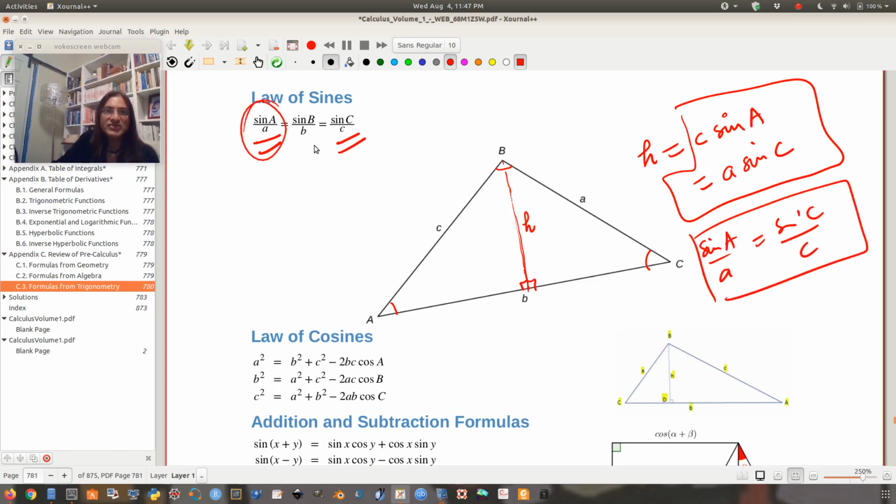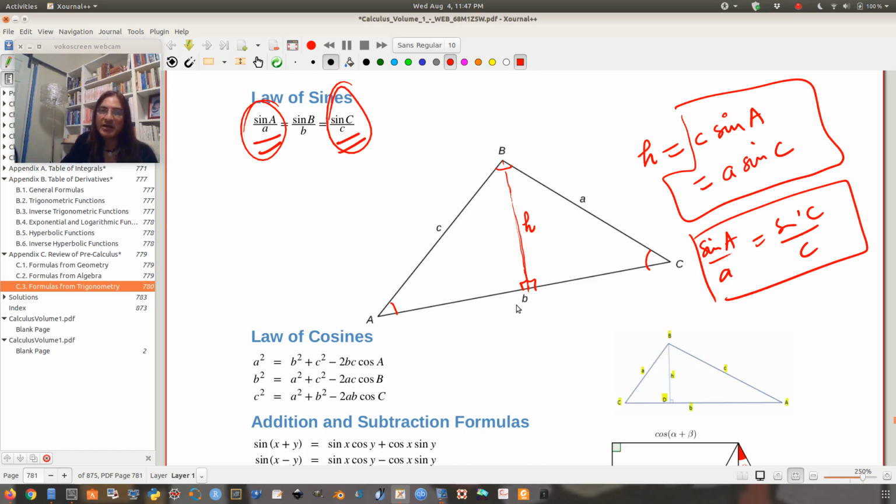And this side is equal to this side. So this was obtained by drawing a vertical line from B, and we were able to relate sine A terms and C terms.